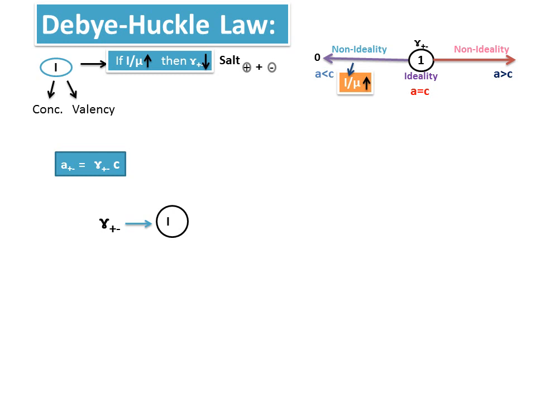And if the value of gamma positive negative is increased from 1, then there will be non-ideal solutions, for which A will be greater than C. On the left side, if we have a value of gamma positive negative less than 1, it means that A is less than C, meaning concentration is greater. So when the denominator is greater, the value of the formula is less than 1.